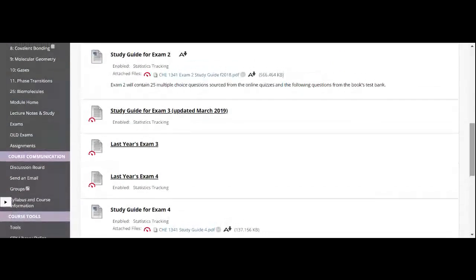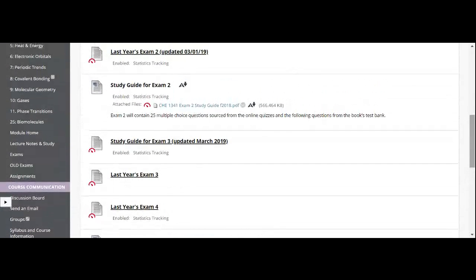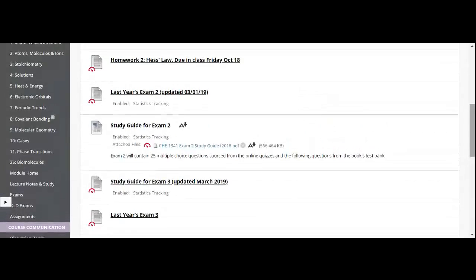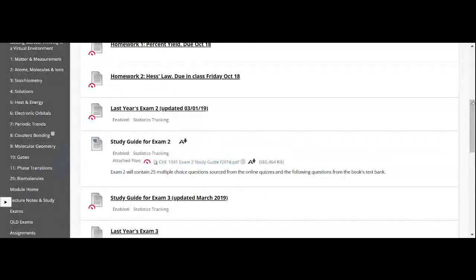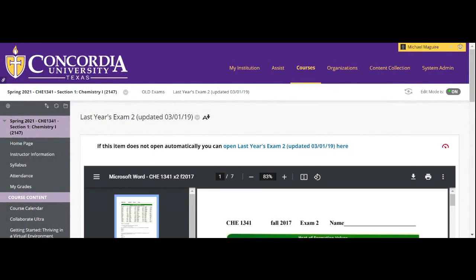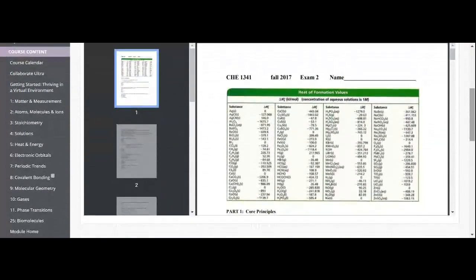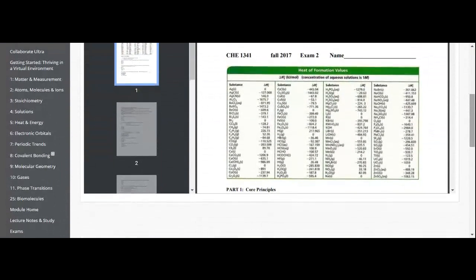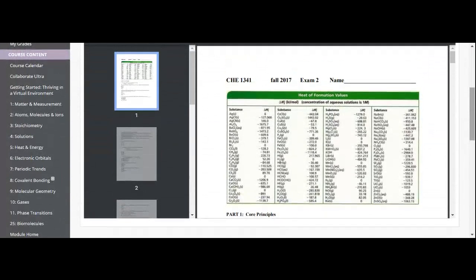That would be a good place, I would think. When you open one of these, you'll see that these were written as a sit-down paper test. And that paper test has, oh, look at this, a table of standard enthalpies of formation on the first page.